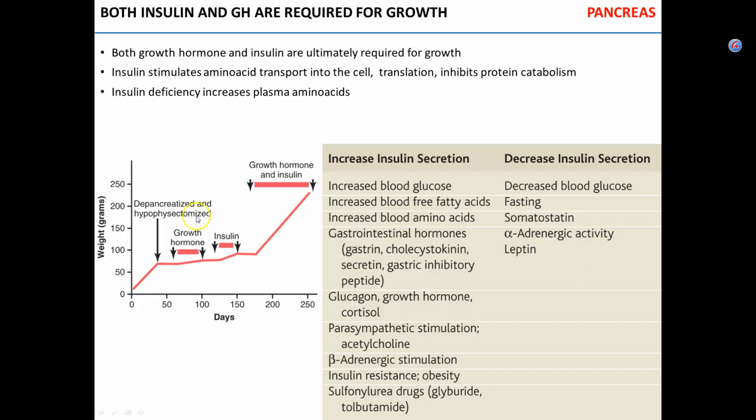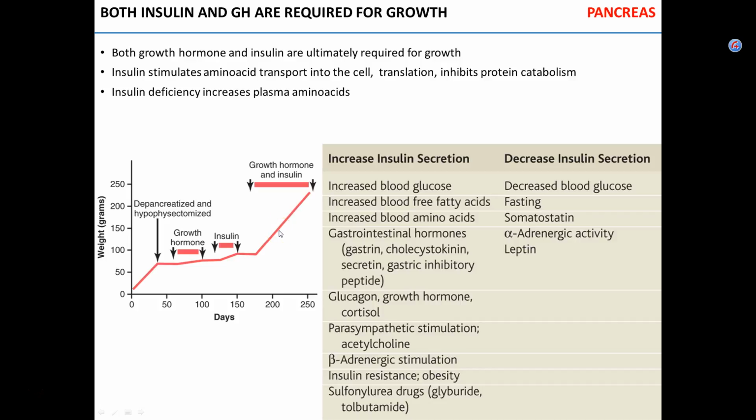Turns out that growth hormone, like take the rat, cut out pancreas and pituitary gland. So no growth hormone production, no insulin production. Rats have stunted growth. Here, you see? You start injecting growth hormone, nothing changes. You start injecting insulin, not really, no. You start injecting both, they grow.